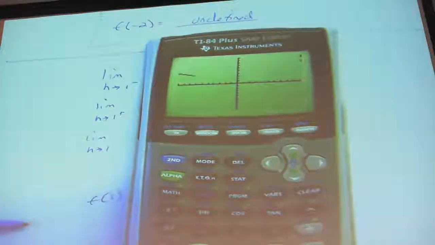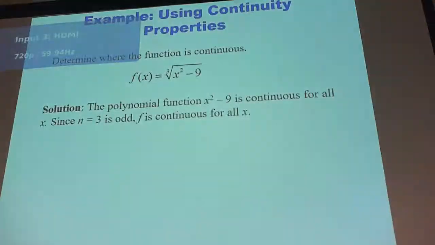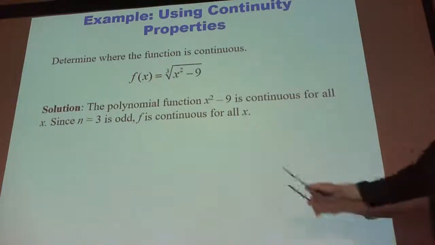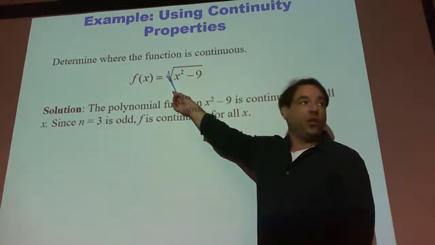Let's just look at the picture. Is it continuous everywhere? Yeah, that's all we're worried about. For cube roots and square roots, the part you need to focus on is the inside. The x squared minus 9 is a polynomial function, so it's continuous.